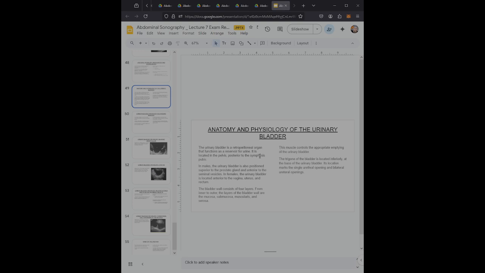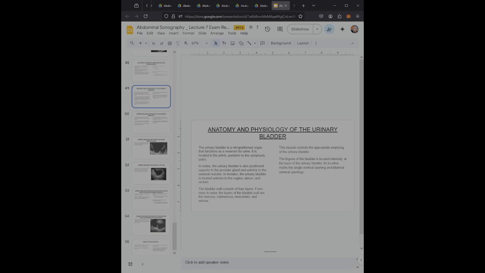So the urinary bladder is a retroperitoneal organ, and it serves as a reservoir of urine. The muscle that controls the emptying of the urinary bladder is known as the detrusor muscle.